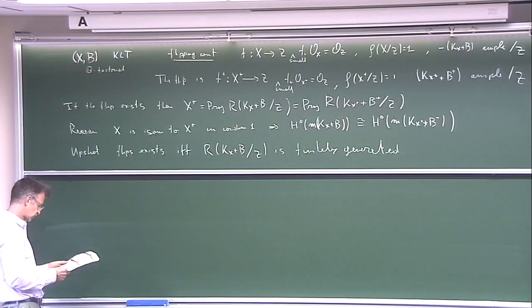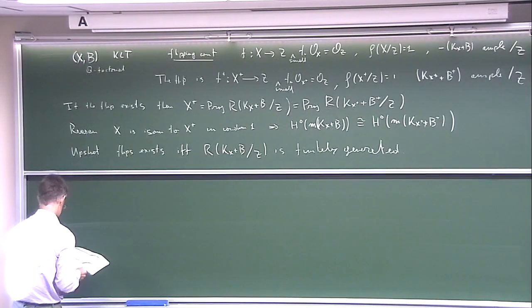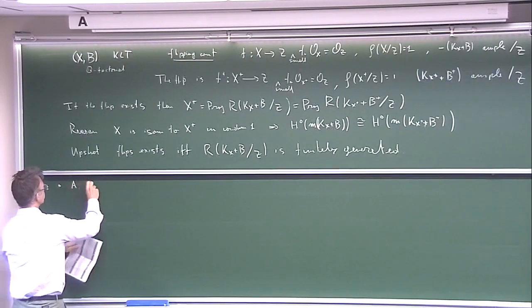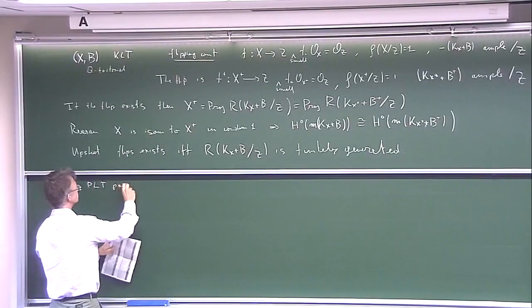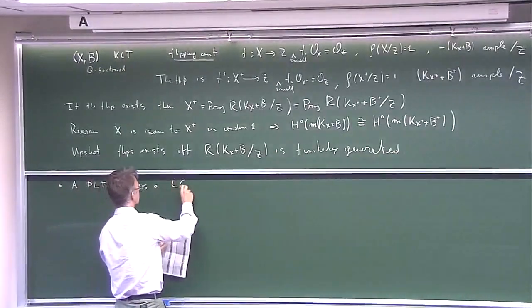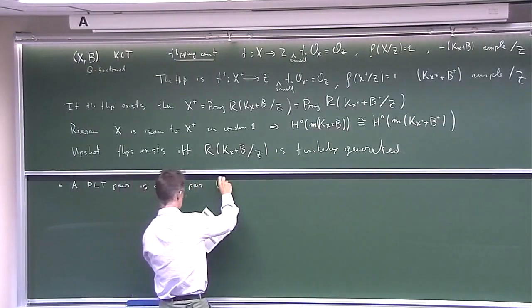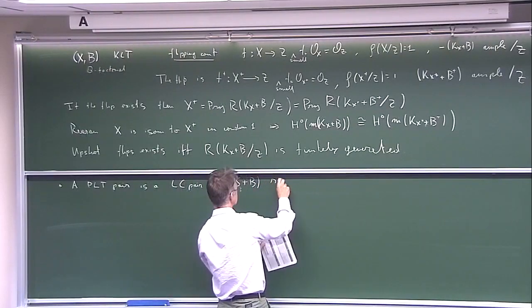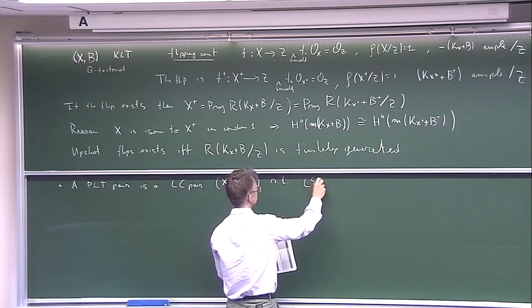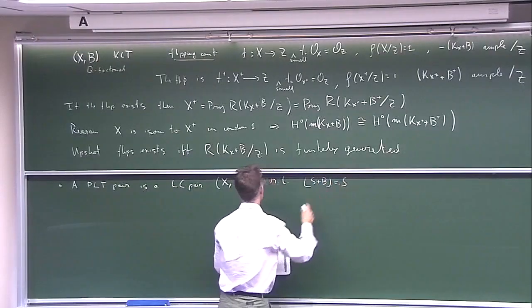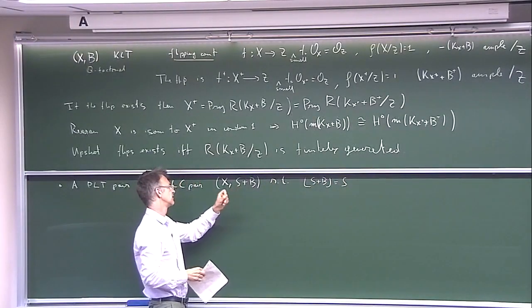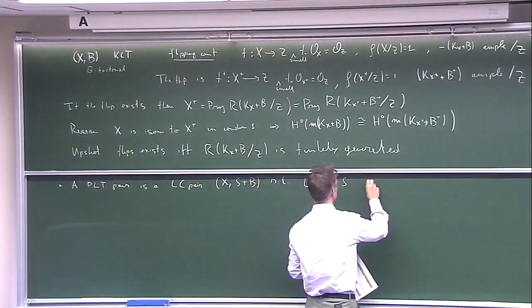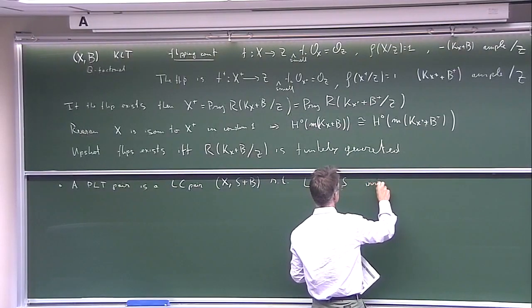So I've not told you what a PLT pair is. So let me first tell you what a PLT pair is. A PLT pair is a log canonical pair, let's say (X, S + B), such that the round down of S + B is just equal to S. So in other words, I'm saying that when you look at this divisor, the only thing with coefficient 1 is this irreducible divisor S. Let's assume that S is an irreducible divisor.